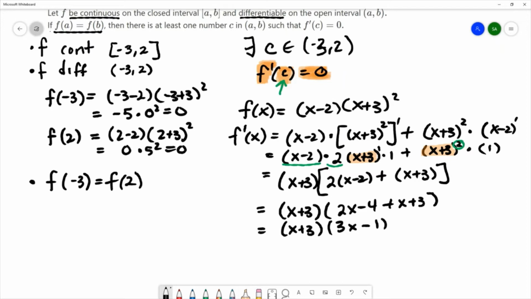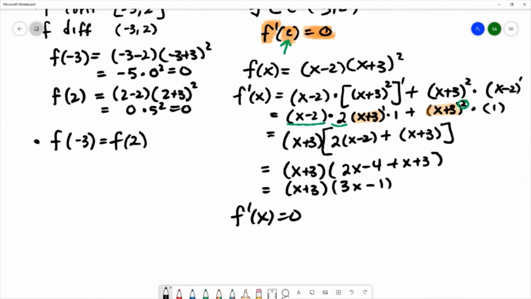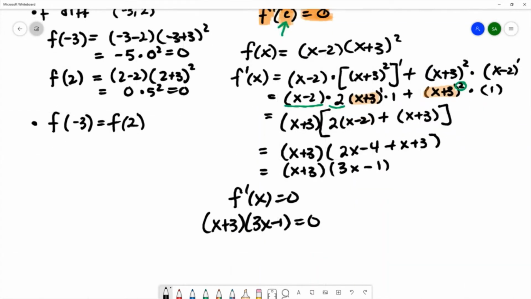We'll set our derivative equal to 0, and that gives me (x plus 3) times (3x minus 1) equals 0. And since I already have it in factored form, I'm going to be able to set each one of these factors equal to 0 and solve.